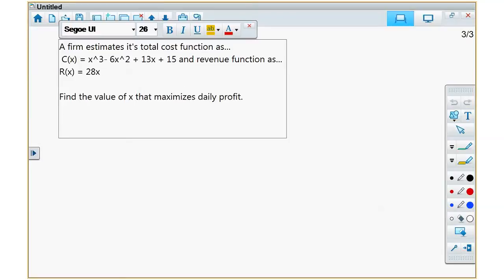Okay, so go ahead and do that. Think about what revenue is and think about what cost does, and tell me what the profit function will look like. What is profit? Revenue minus cost.